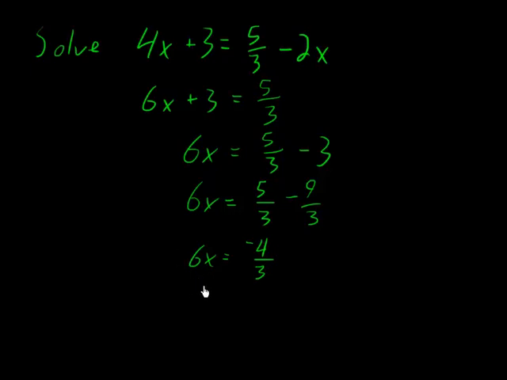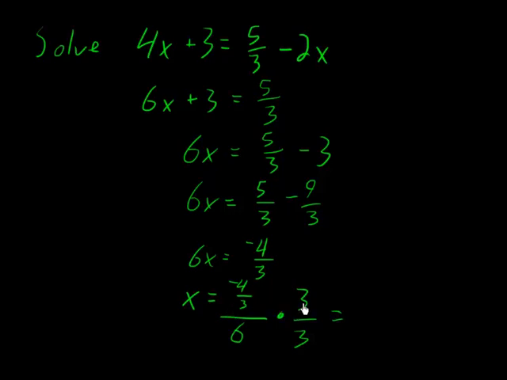Sometimes people have problems dividing involving fractions, so I'm going to divide both sides of the equation by 6, just to do an example of that. So divide both sides of the equation by 6, x equals negative 4/3 divided by 6. To simplify something like that, what we would do is multiply the numerator and the denominator by 3. We aren't changing anything, we're just multiplying by 1. So multiply by 3 divided by 3.